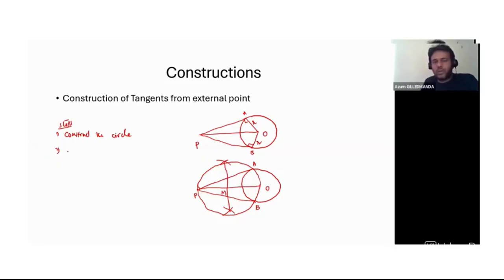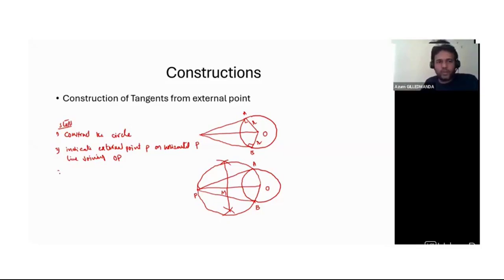Number two, indicate the external point P on the horizontal line, joining OP. So from O to P, we just draw the line with whatever the distance, like 10 centimeters away from the center. Whatever it is, we indicated that point and joined the line OP.